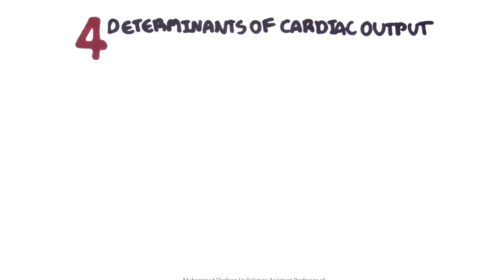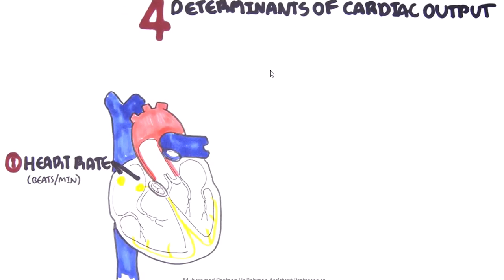But there are some factors which influence the stroke volume. In total, there are 4 determinants of the cardiac output. Number 1 is the heart rate, that is beats per minute, which is your conduction system, that is how many beats per minute.